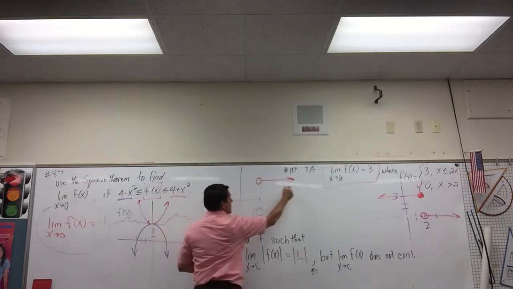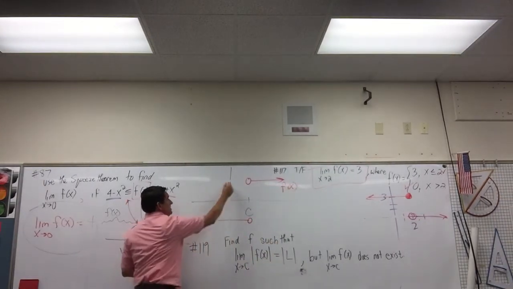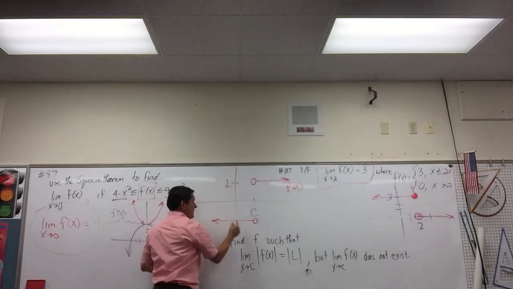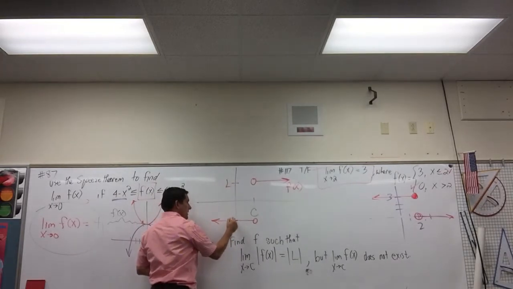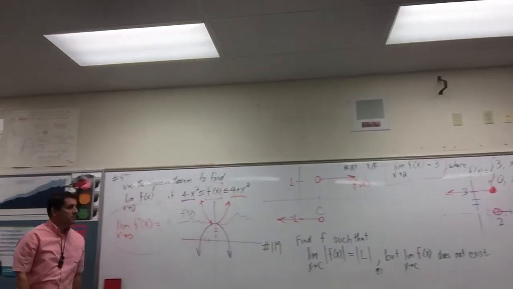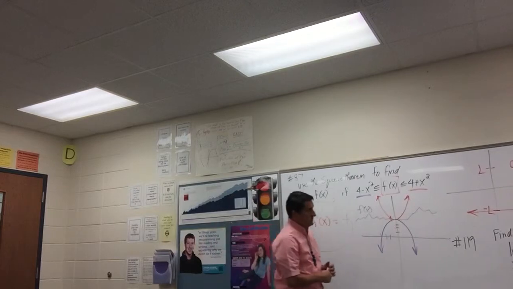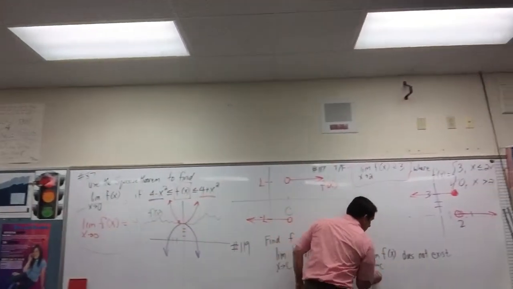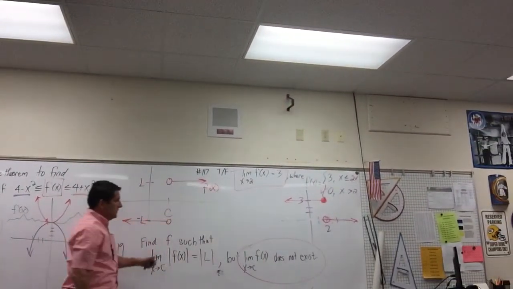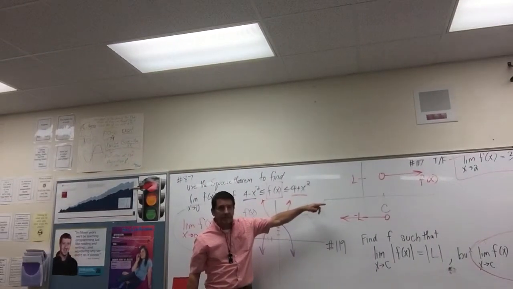Let's pretend this is my f of x. This is some number L, and this is at negative L, the opposite of whatever L is. I'm going to start with the backside. Does the limit as x approaches c of f of x not exist?